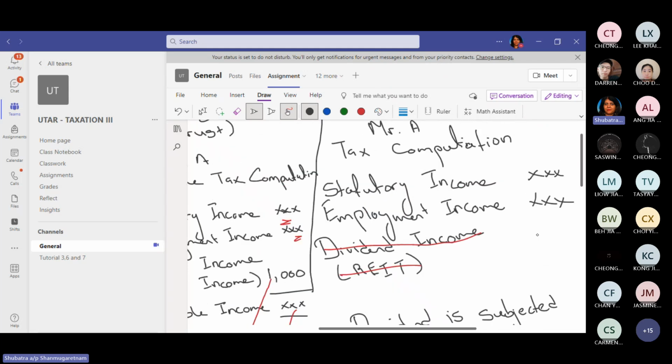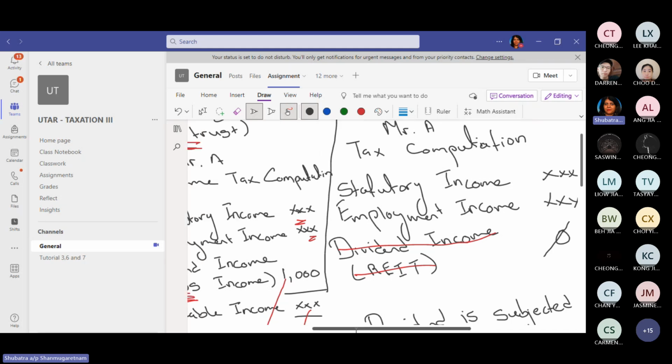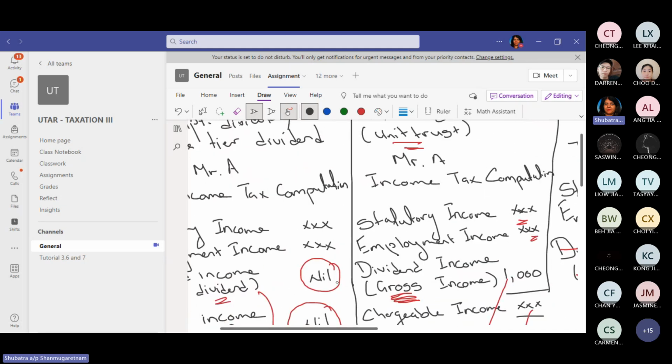So even if you put the word nil, it shouldn't be here. You should put 0. It's not nil. Nil means the dividend is actually subjected to tax under Section 3 of your Income Tax Act. However, it's exempted, so it creates a nil tax impact.